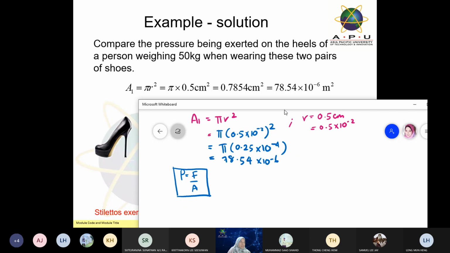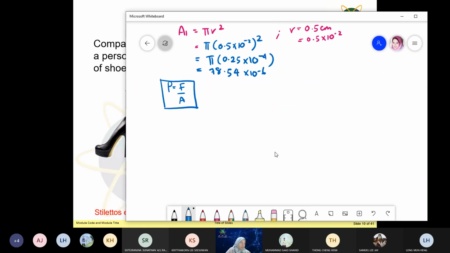Mass is 50 kilo. To convert to F, F equals mg. I need to show step by step for the first one. So m is 50 multiplied by 9.81.